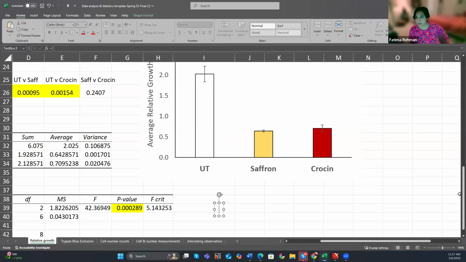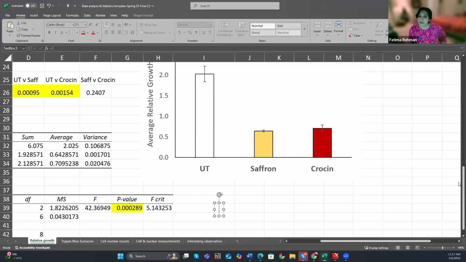So you can talk about how both saffron and crocin show similar inhibition, or similar anti-cancer activity through reduced growth in response to a 1-week treatment or whatever.